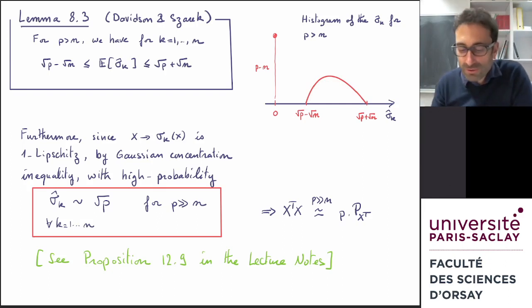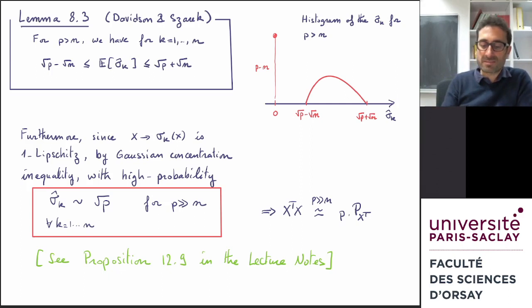This is a result in expectation, but this is also something which is one-Lipschitz with respect to the Frobenius norm, since the Frobenius norm is the sum over k of sigma k squared. So since it is one-Lipschitz, you can apply the Gaussian concentration inequality. So this quantity will be very concentrated around its mean.